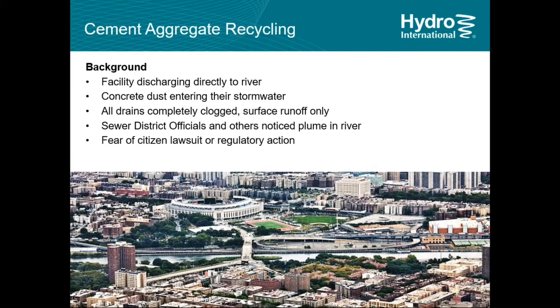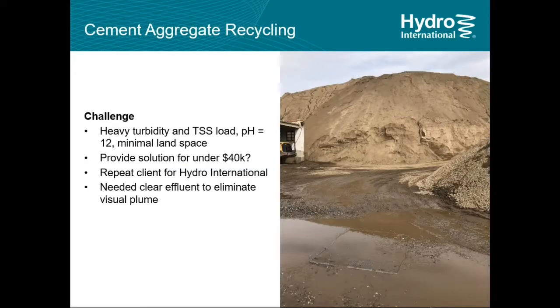When the sewer district saw it, they mentioned something, and it obviously puts fear in the site owner that we've got some exposure here. There's a possible lawsuit or maybe even some regulatory action. Sometimes I'm not sure which is worse, but typically the lawsuit is much worse. Because of that, it kind of drove the project.